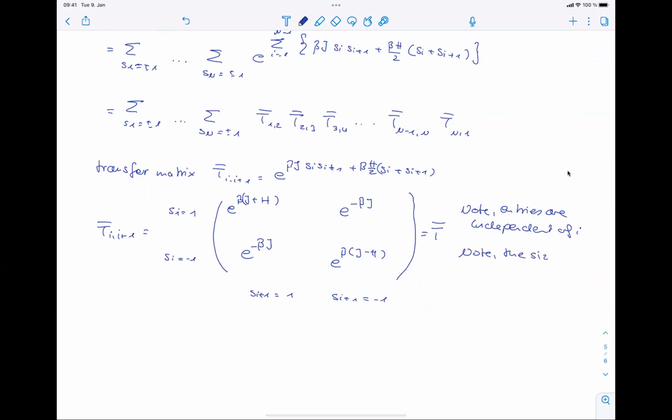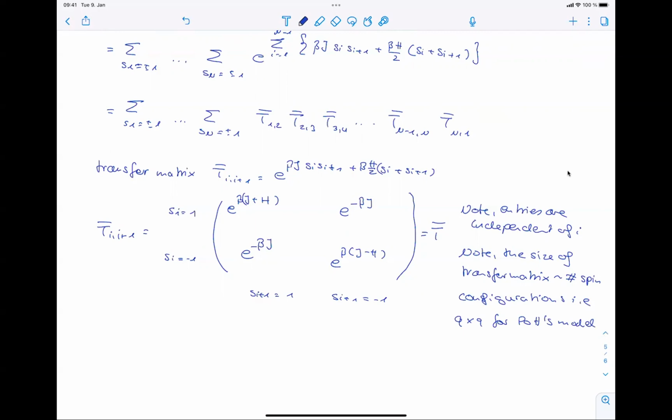the size of the transfer matrix is the number of spin configurations. So if we, for example, think about the Potts model, it would be Q times Q. But you could use this to enumerate all of them.